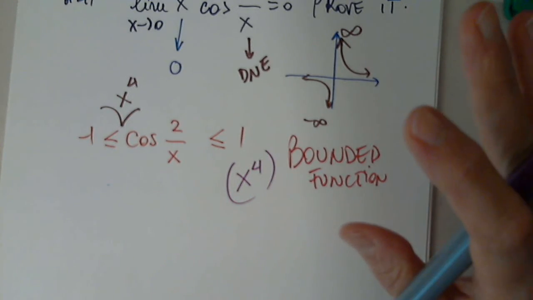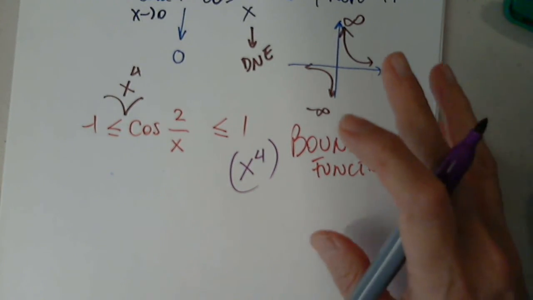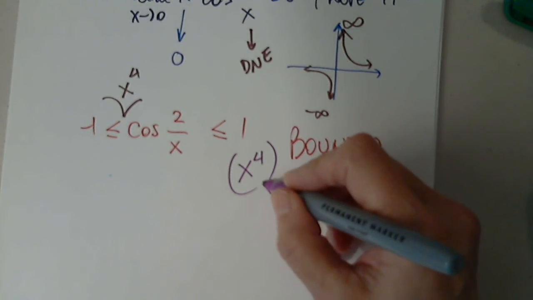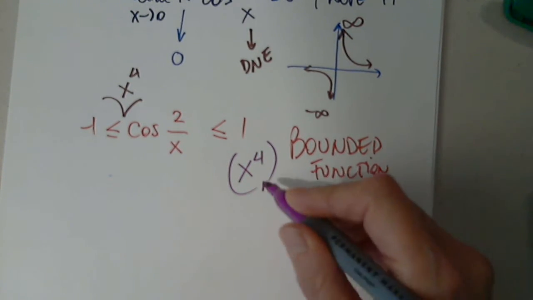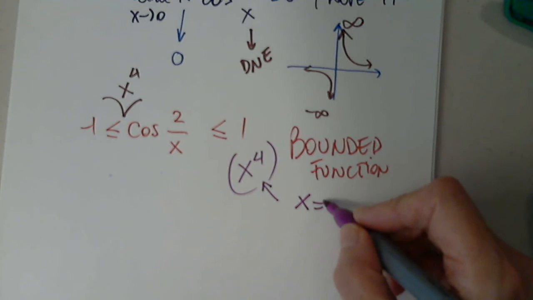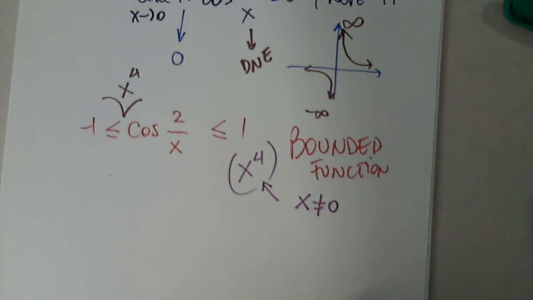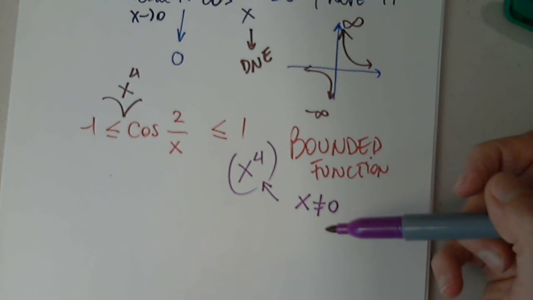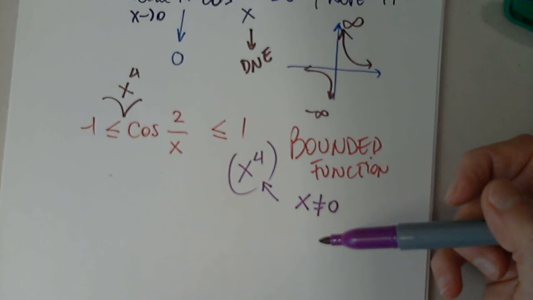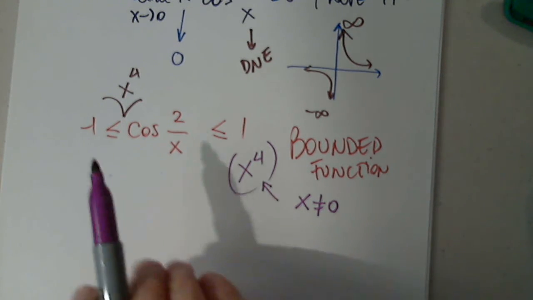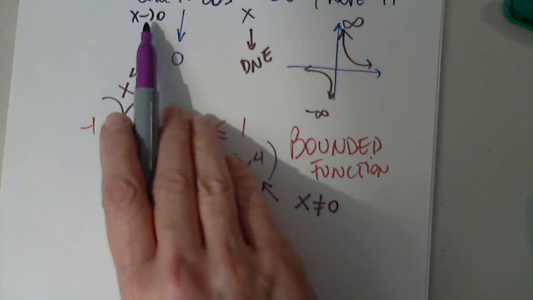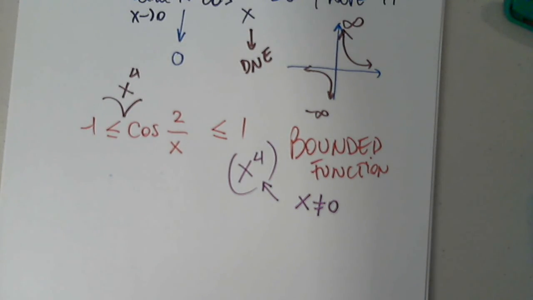Excellent. However, I have to be careful. 2 things have to be fulfilled. This quantity cannot be 0. If I multiply by it and it's 0, then everything collapses. Can it be 0? No, because when we say x approaches 0, we really mean it.